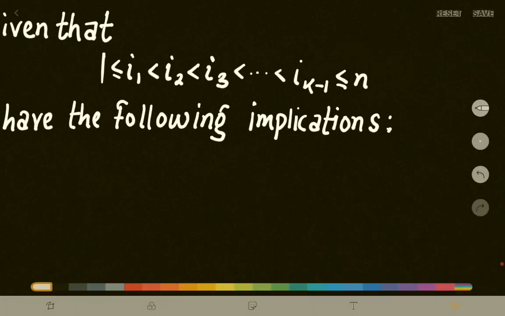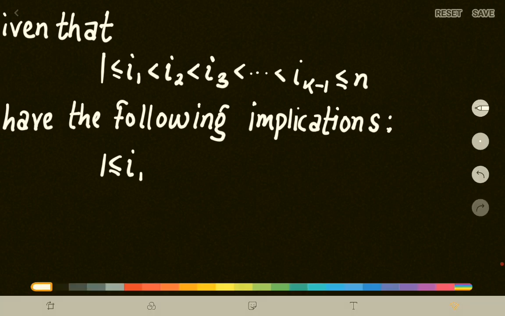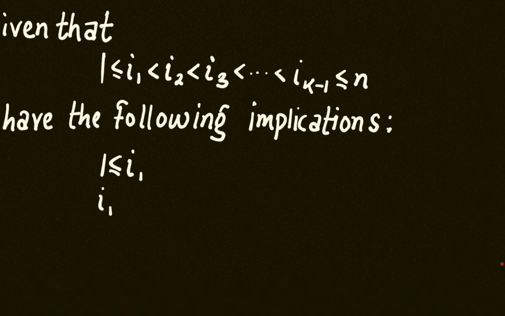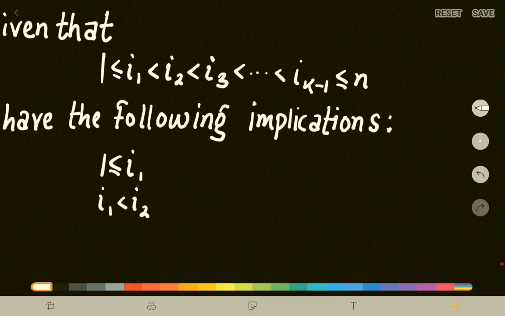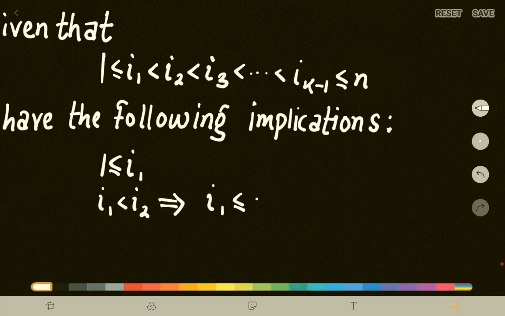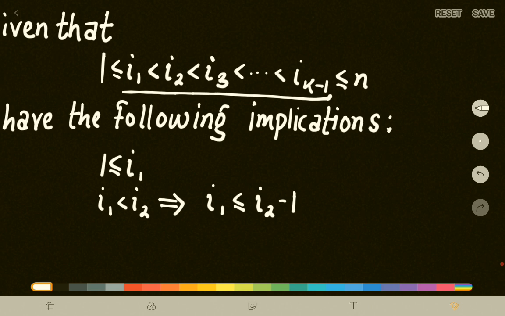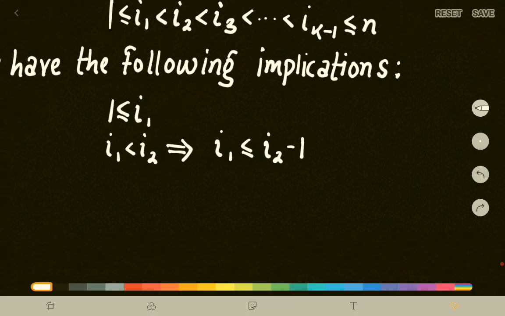Now you can actually see that 1 is less than or equal to I1, and I1 is strictly less than I2. So this implies that I1 is less than or equal to I2 minus 1, because all of these I sub 1, I sub 2, all the way up to I sub k are natural numbers, and this property holds for any two natural numbers and also for integers.